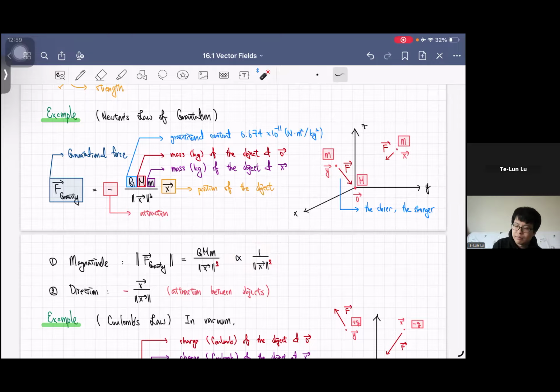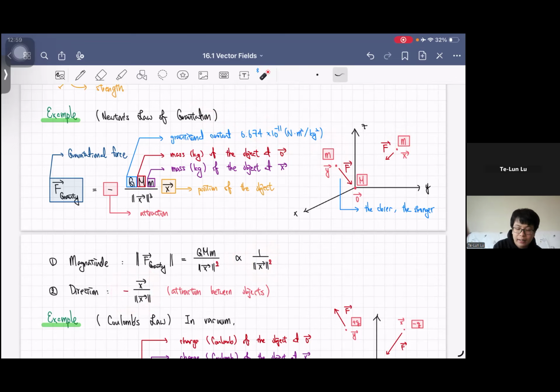Which is intuitive, because whenever you're far away from the origin, the attractional force should be lesser, right? And that is why you have this phenomenon. When you're close to the object, you get stronger gravitational force. When you're away from the object, you get lower gravitational force, provided that both of you have the same mass. And as I mentioned, the direction is simply the attraction direction.